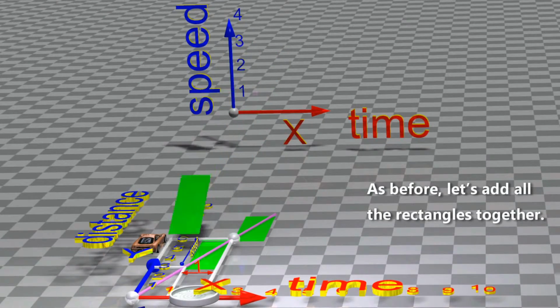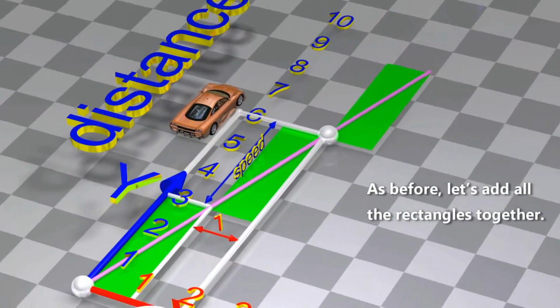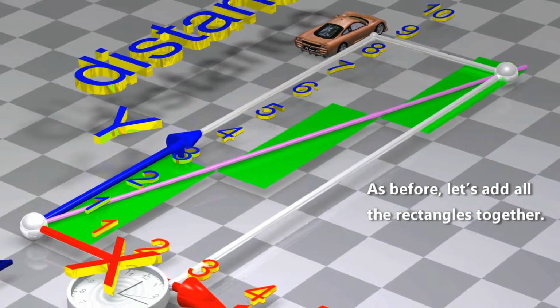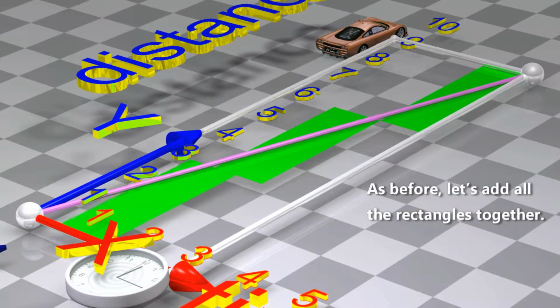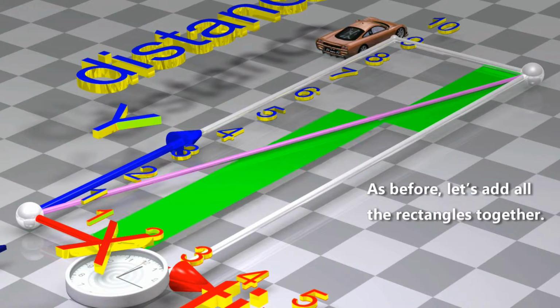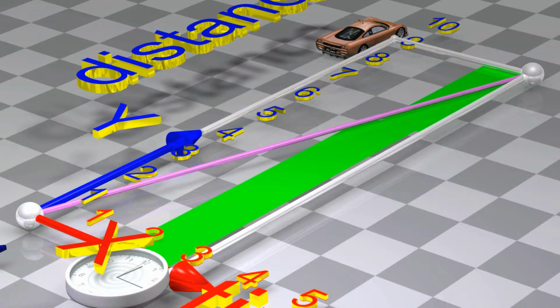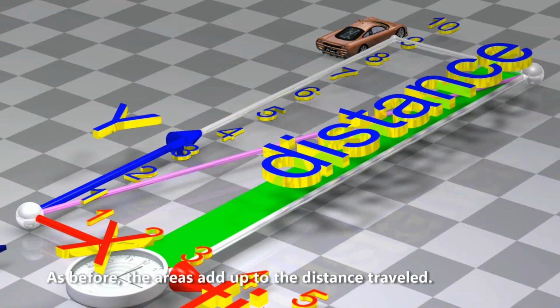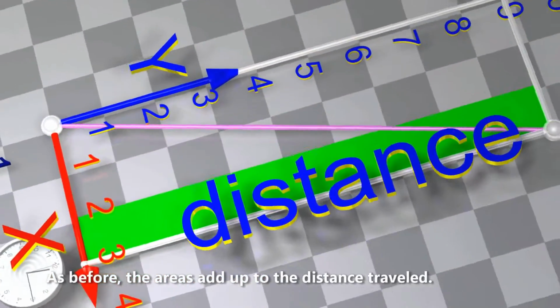As before, let's add all the rectangles together. As before, the areas add up to the distance traveled.